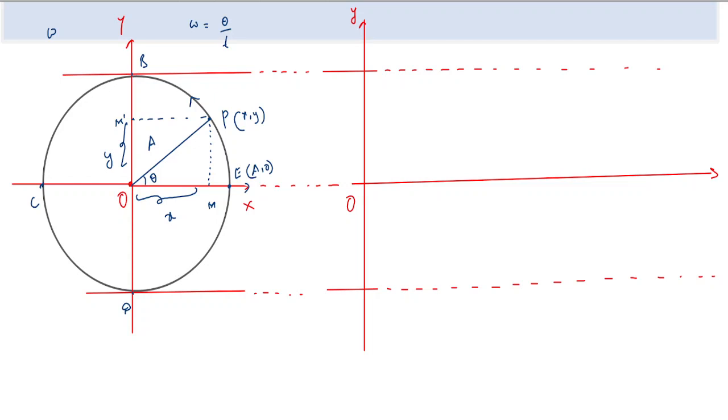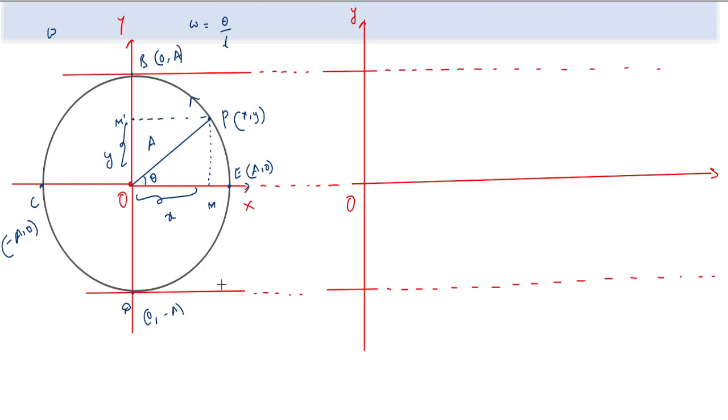If we look at point B, its coordinates would be 0 comma a, because on the y-axis the value of x would be 0. Similarly, point C's coordinates would be minus a comma 0, and for point D the coordinates are 0 comma minus a, because it is in the negative y direction.